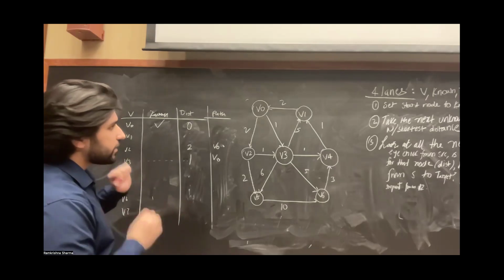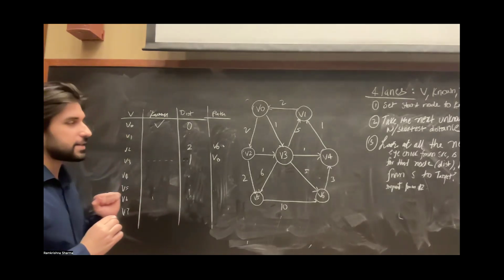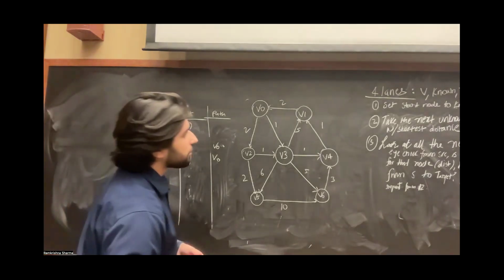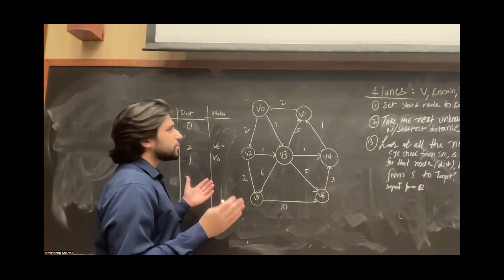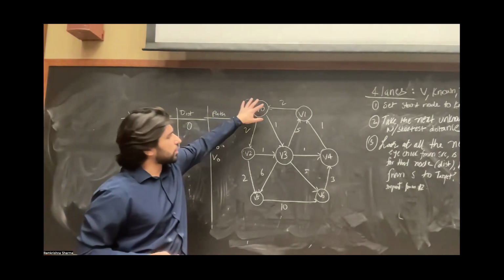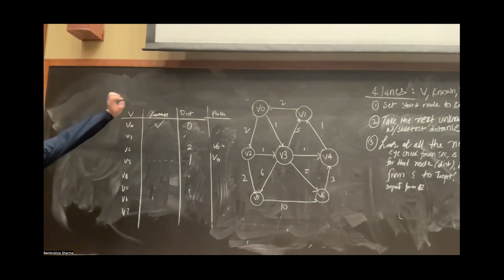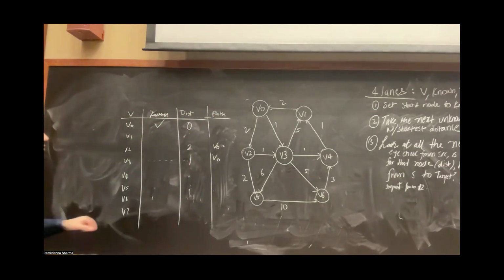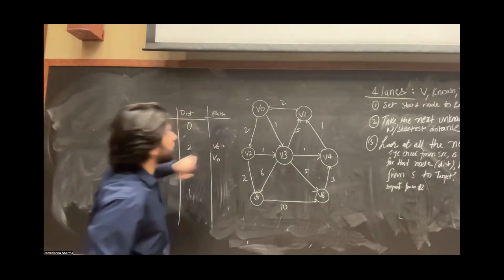This is the pre-processing that had to take place to get us into the real meat of the algorithm, which is a two-step process. You've started from the source, labeled it as known, labeled its distance from itself as 0, looked at its neighbors, recorded their distances, and recorded the path from which they emanate.